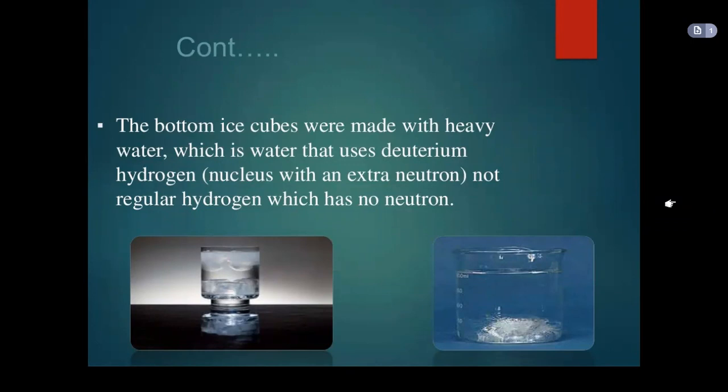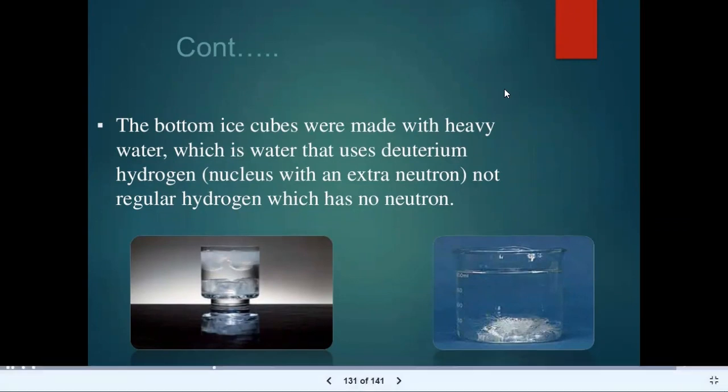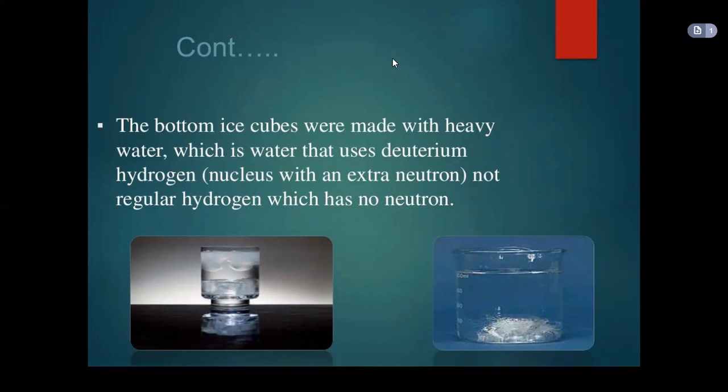The bottom ice cubes were made with heavy water, in which they use deuterium, a hydrogen atom with an extra neutron, not regular hydrogen, which has no neutron. So what is the property of this hydrogen? H2O is a simple molecule, and the hydrogen has no neutron.